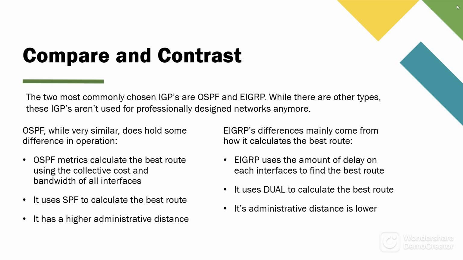In this case, if OSPF and EIGRP meet, the router will choose the path learned by EIGRP rather than the OSPF path. That being said, these can be customized by a network administrator.